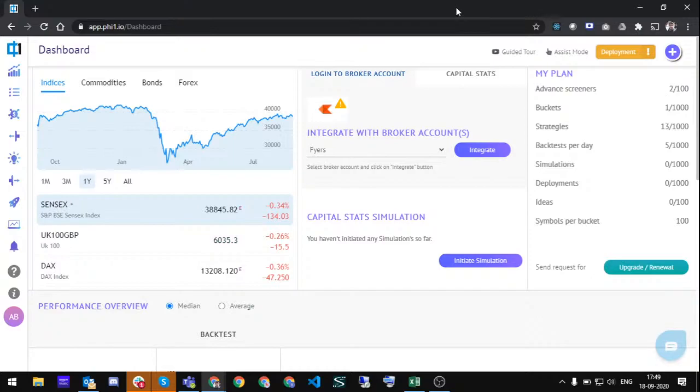Over the last 1 month, we've released a few features which we think are really interesting. One of the things that we released was multi-symbol strategies. So for example, you can do pairs trade and arbitrage type strategies on the platform now.